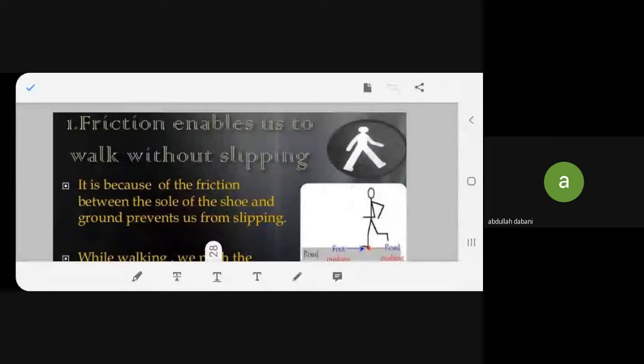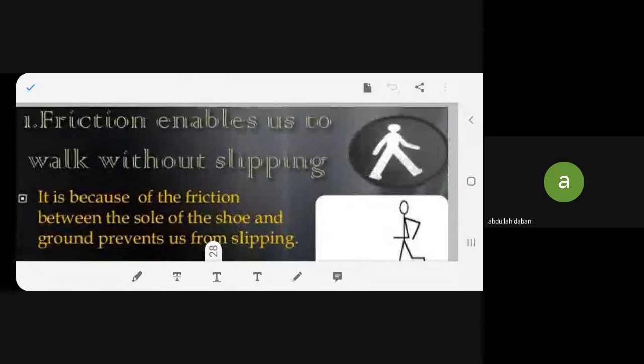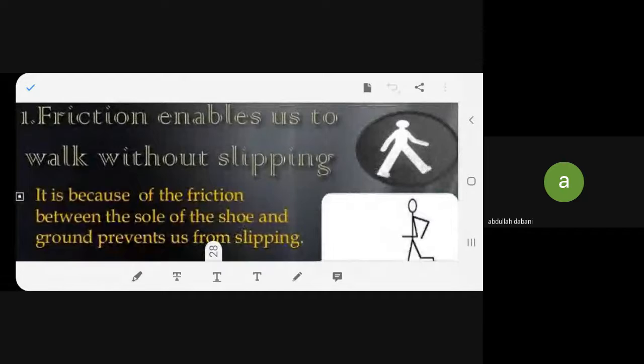What actually is happening? Due to friction, we can walk but not slip. Otherwise, you will fall. Simple. If you're wearing a shoe, the shoe has a sole, isn't it? So, there's friction between the sole of the shoe and the ground. So, there's a grip which does not allow us to slip. And you can see that the sole of your shoe gets worn out.